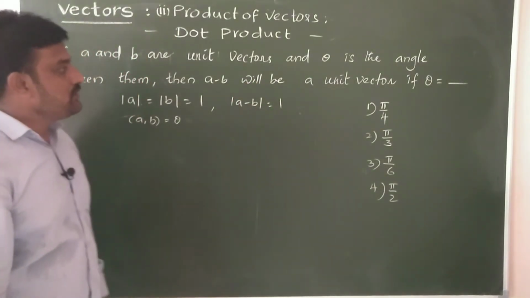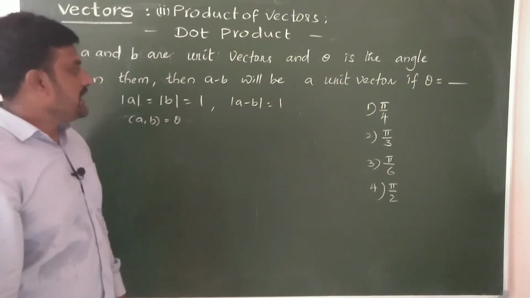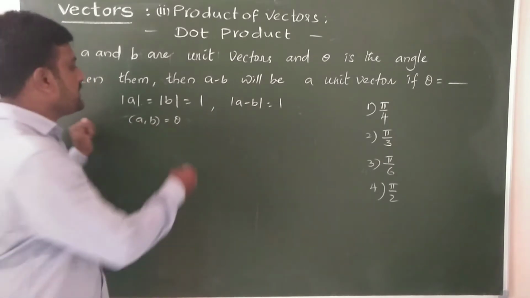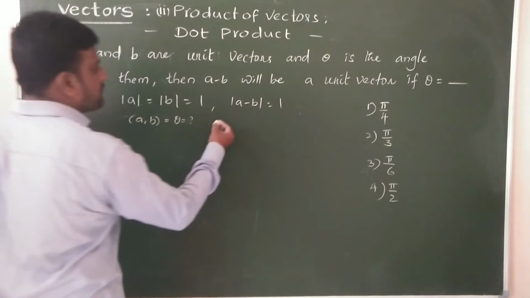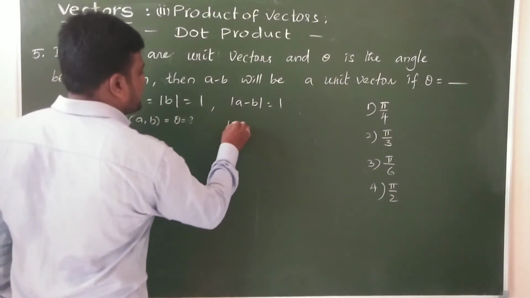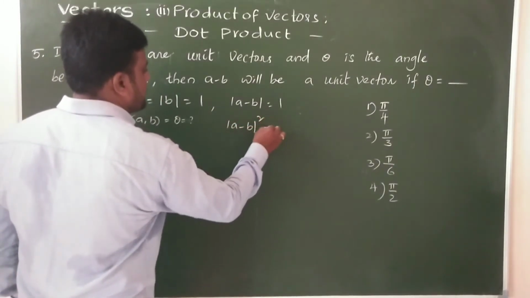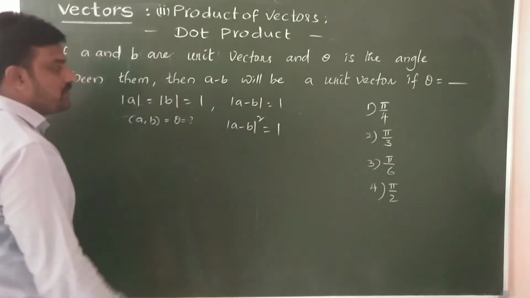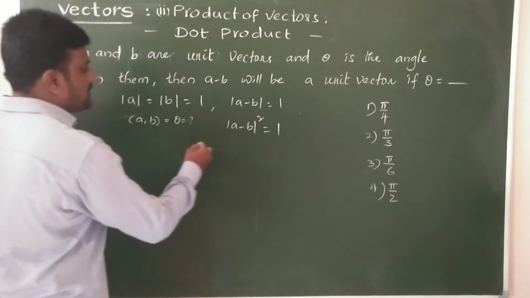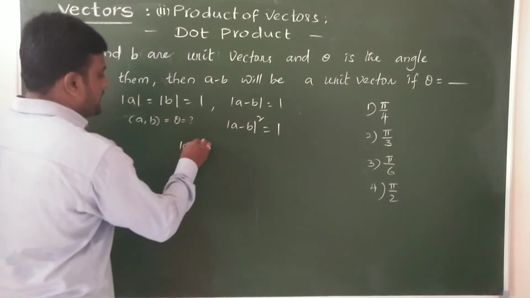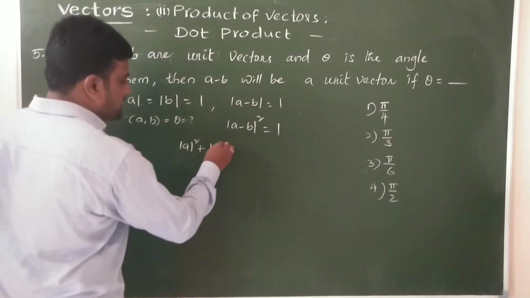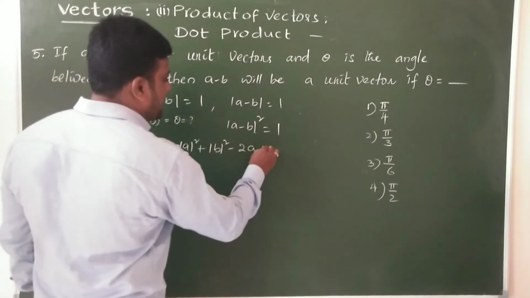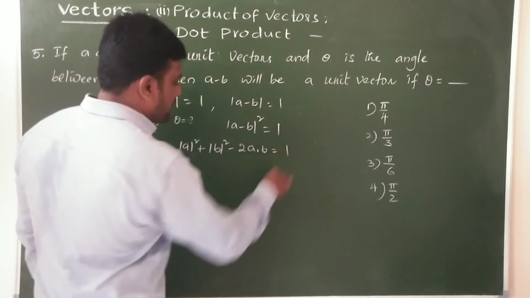Now we have to find the angle between A and B, theta equals what? Taking square on both sides, then we will get 1 square is 1. Now it is mod A square plus mod B square minus 2 A dot B equals 1.